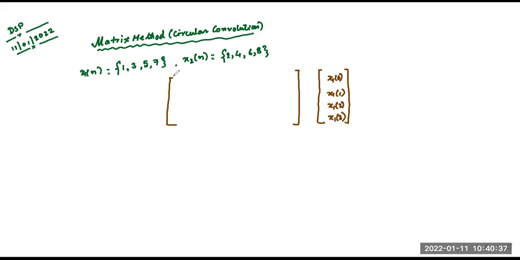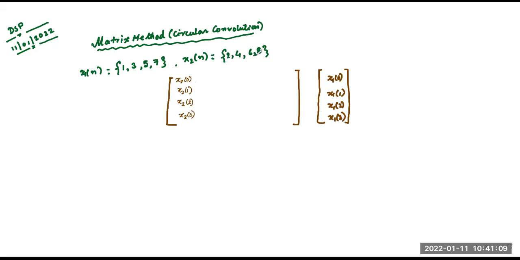And the first matrix has an arrangement. How will the arrangement be? It will be x20 first, now x21, that is the second bit, now x22, the third bit, and now x23, the fourth bit.